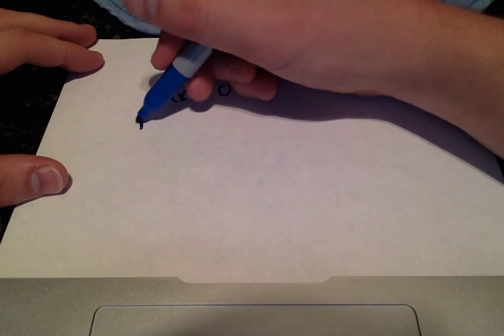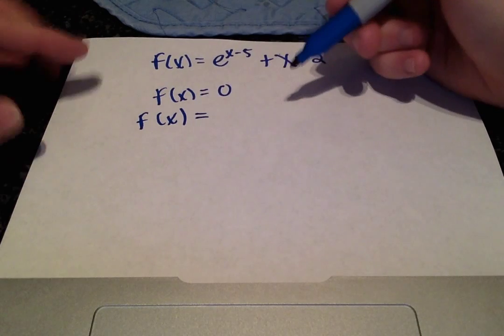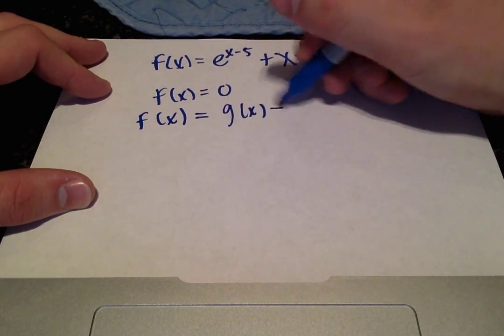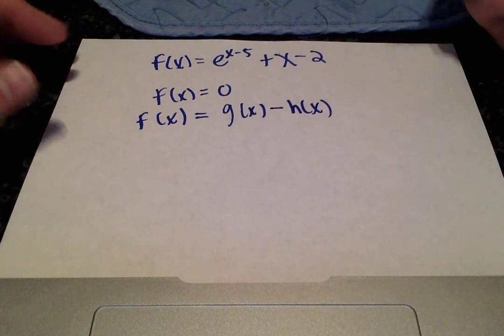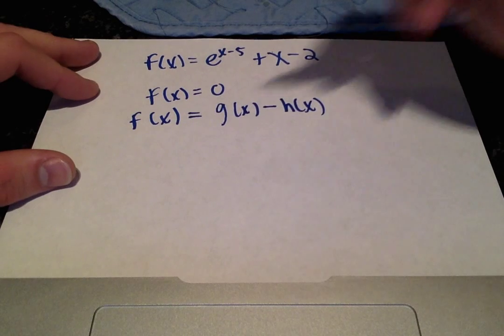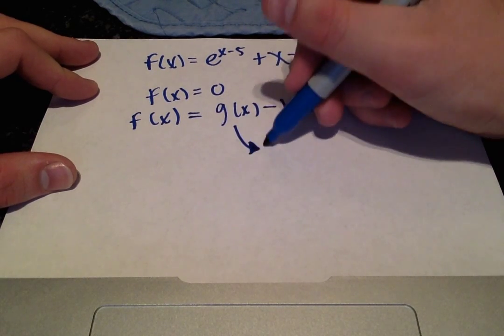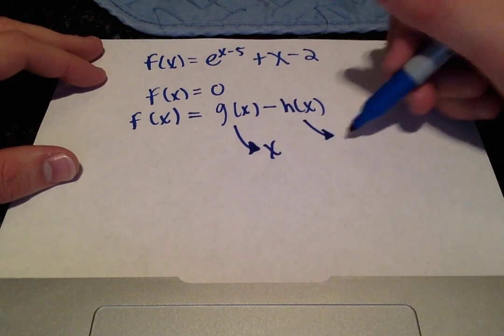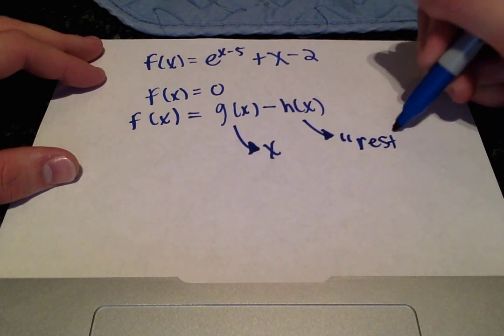And the method also separates the function into two parts, g of x minus h of x. If you're not sure what these are, g of x will be our x value, and h of x will be the rest of the function.